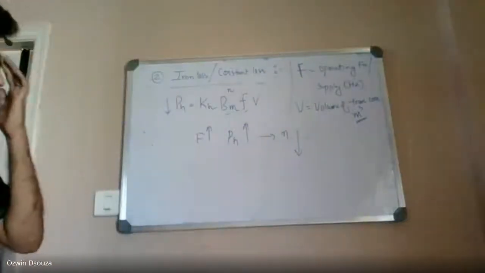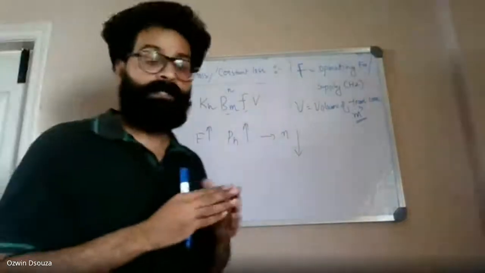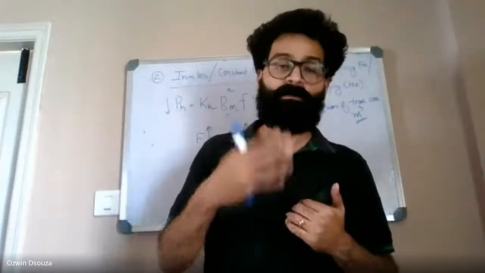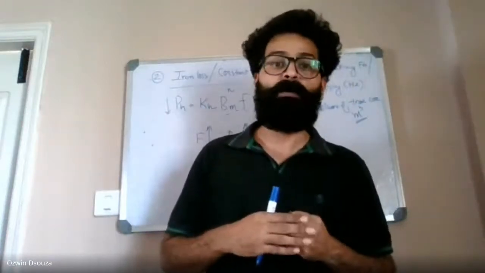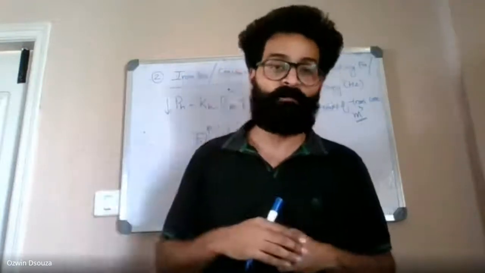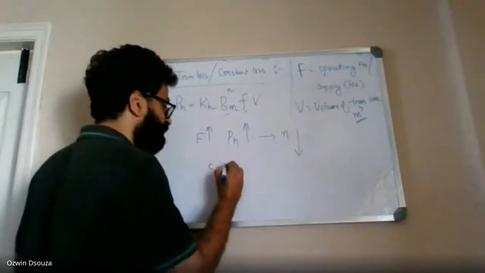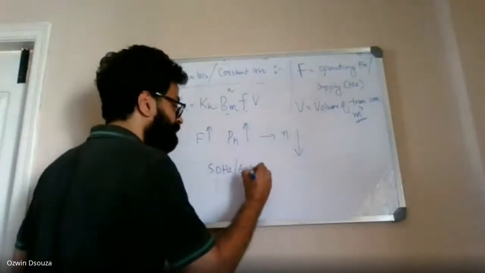That is the reason the power is not generated at higher frequency, and also not transmitted at higher frequency. It is normally generated and transmitted at either 50 hertz or 60 hertz.